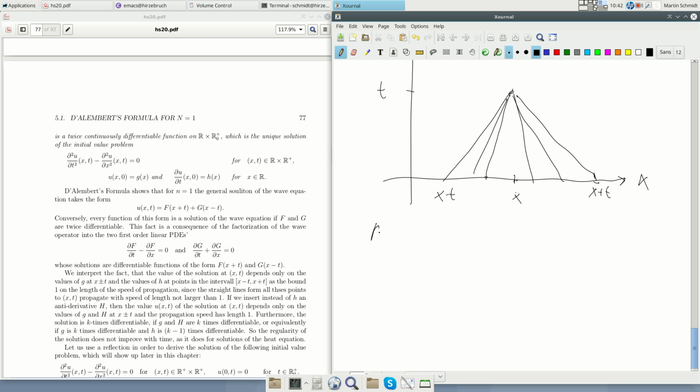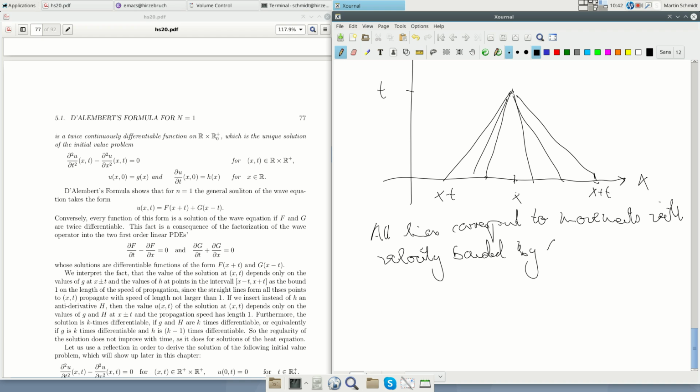So all these lines correspond to movements with velocity bounded by 1.